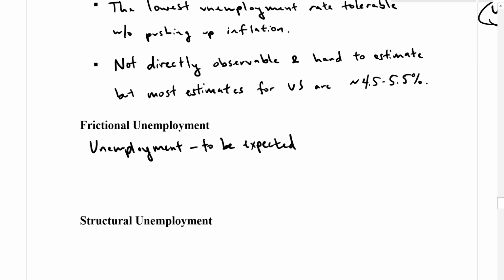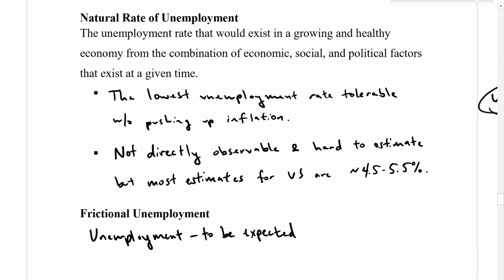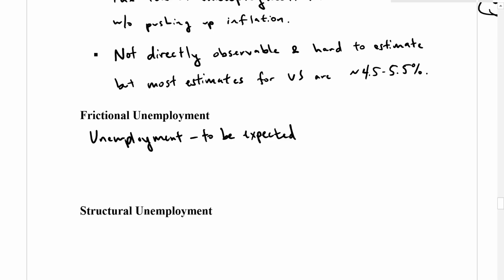And why might we expect unemployment? It's simply because people retire, they quit, they want to change jobs. We have new people coming out of high school or college looking for a job. And so, just through the normal course of economic interactions, we're going to expect there to be some unemployment.